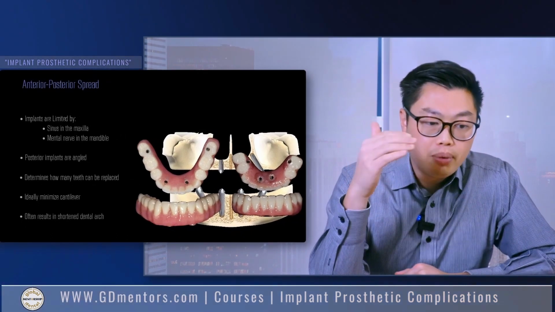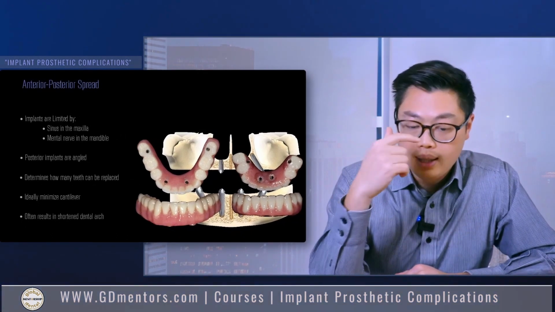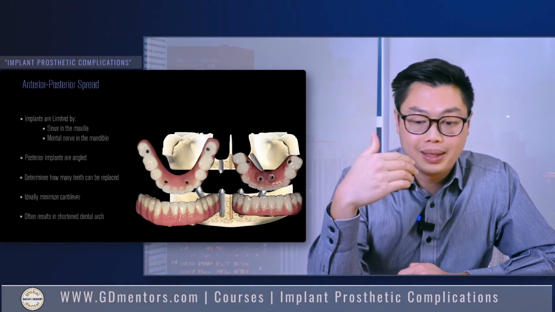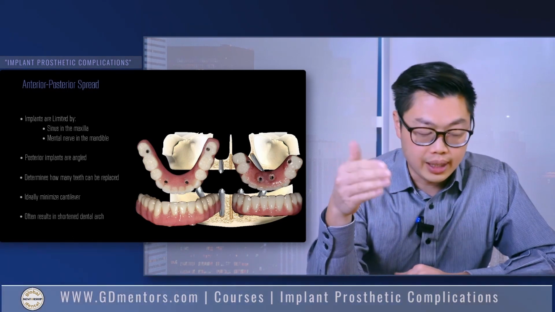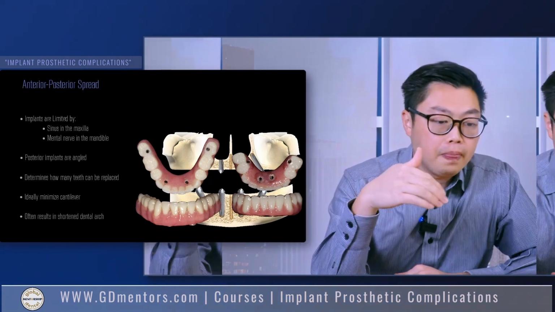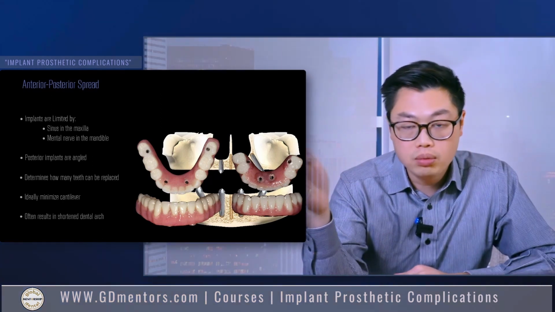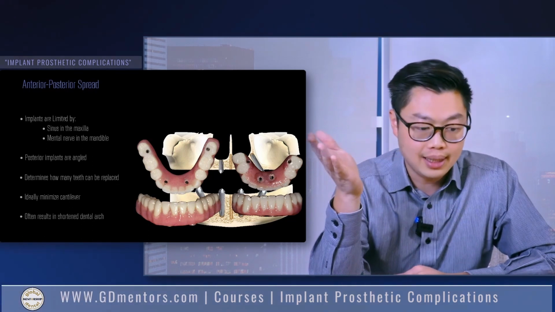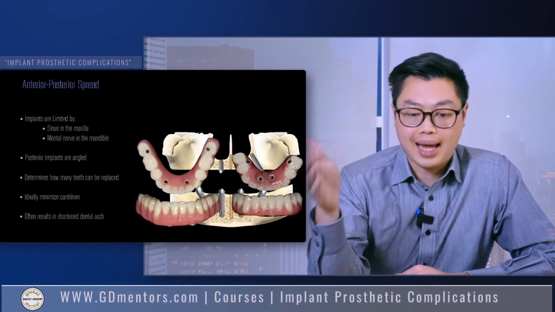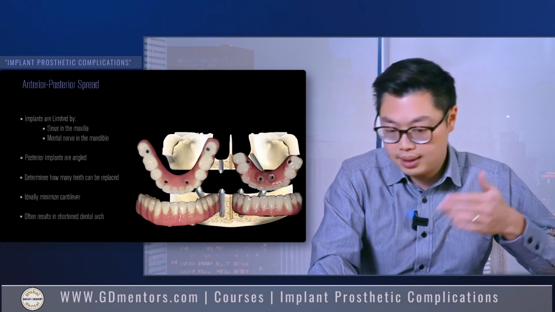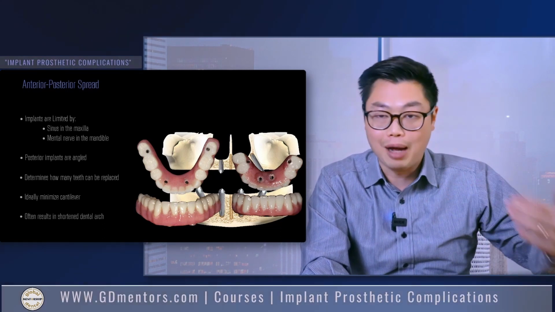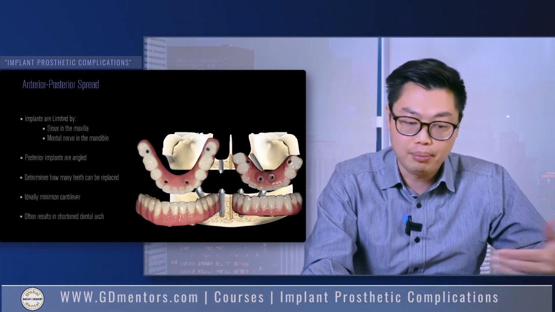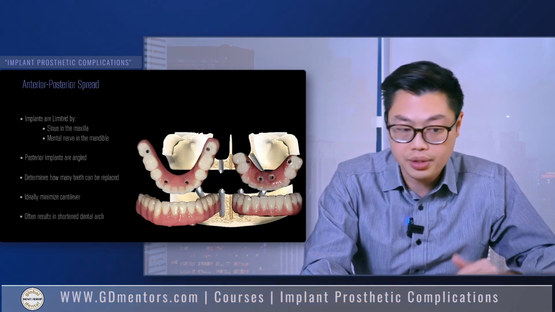The anterior-posterior spread is very, very important in the prosthesis and determines how many teeth you can put in the final prosthesis. The further back the implants can go, generally the less cantilever is done in the prosthesis. And obviously the less cantilever, the better, because cantilevers are bad biomechanically for the implants, the screws, and the prosthesis.